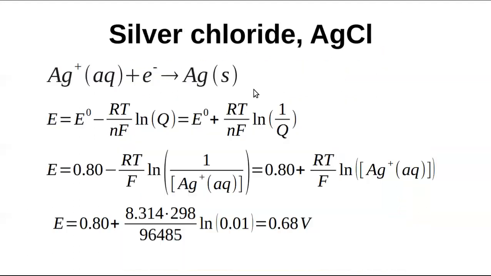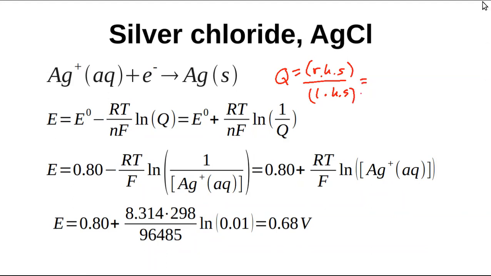Then you can in principle calculate the reduction potential, since the reduction potential is the potential of this reaction. We only need to find the Q. Q is the right hand side divided by the left hand side, all of the activities on the right hand and left hand side.